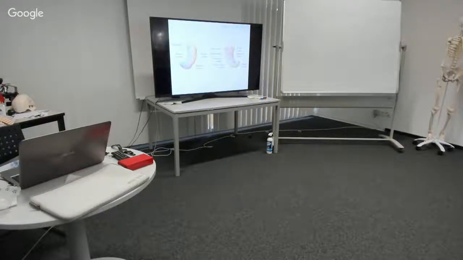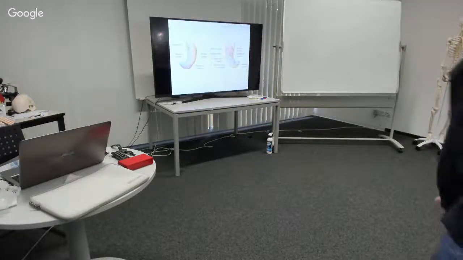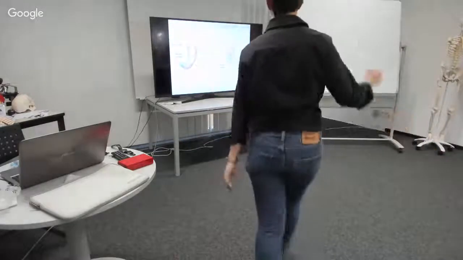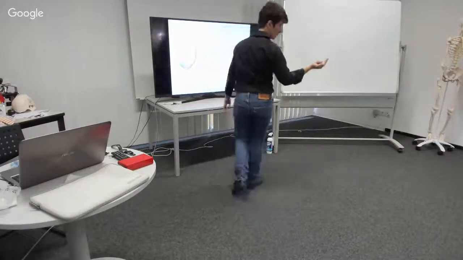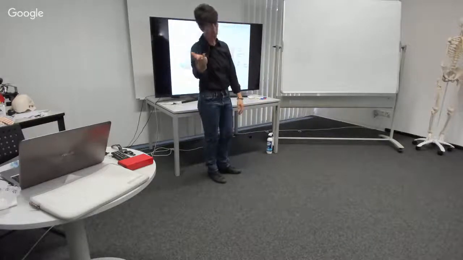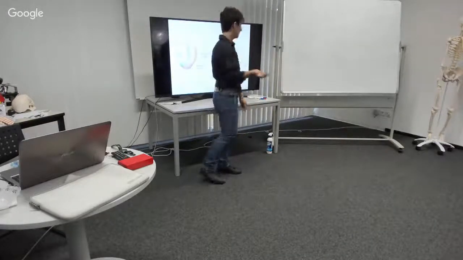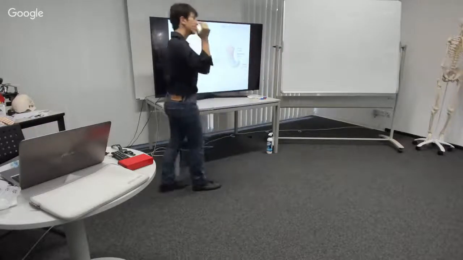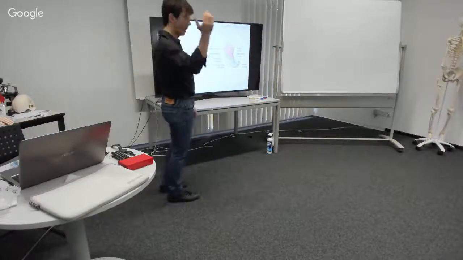Now, don't think about vessels. Why don't you pay attention to the muscles? The diaphragm. So we mentioned diaphragm, spleen, left suprarenal gland, left kidney, and pancreas.